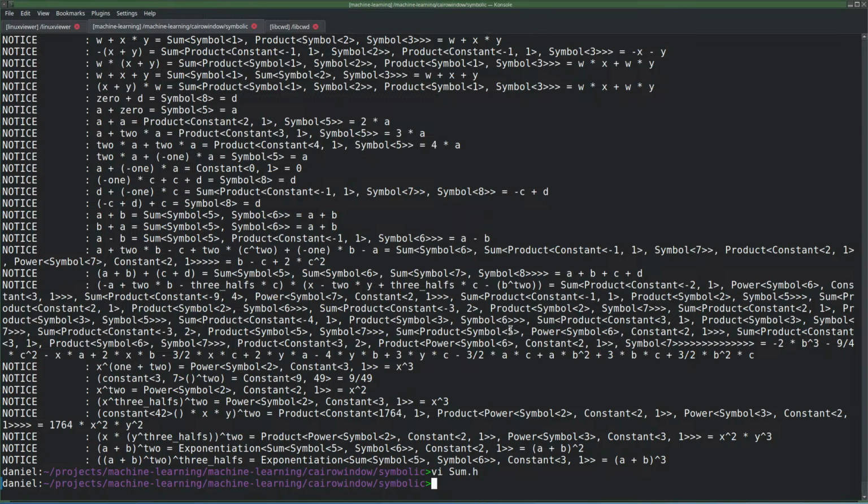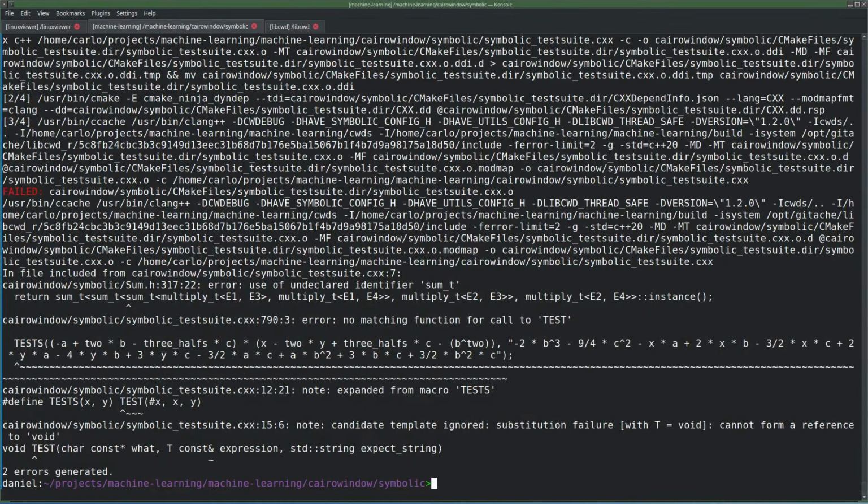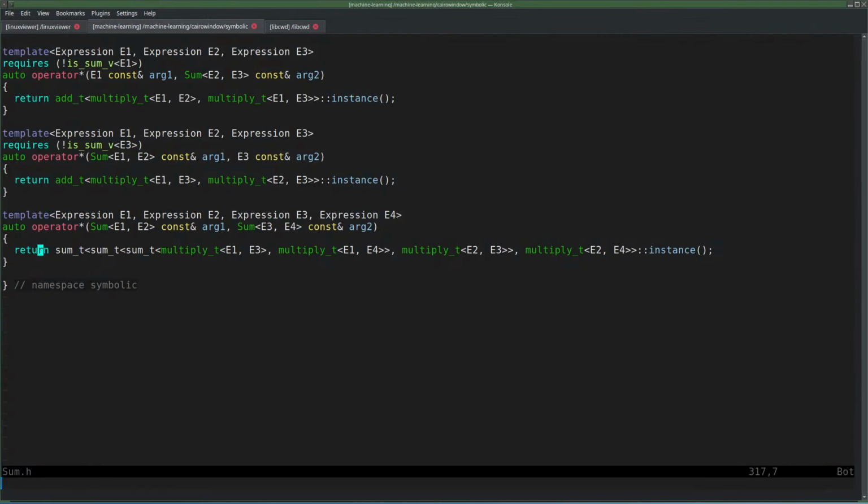Right. Oh, undeclared identifier. Yeah, it's add, idiot. Add.